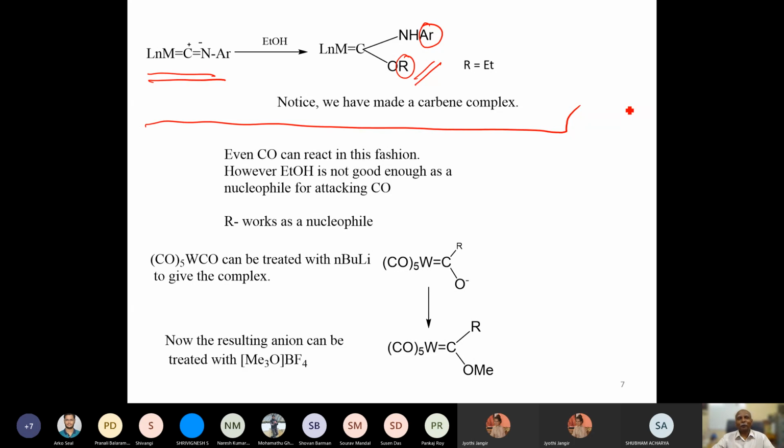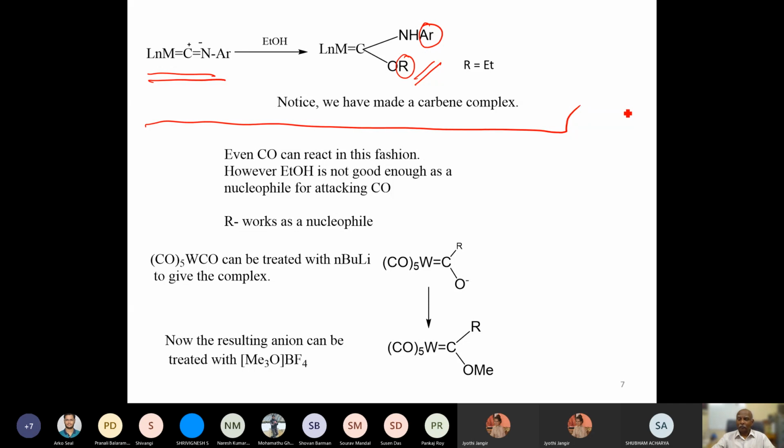Isocyanide is an unpleasant molecule. In addition to that, you have a molecule which is not very stable in the presence of alcoholic solvents and other electron-rich molecules. So this is the situation as far as isocyanides are concerned.